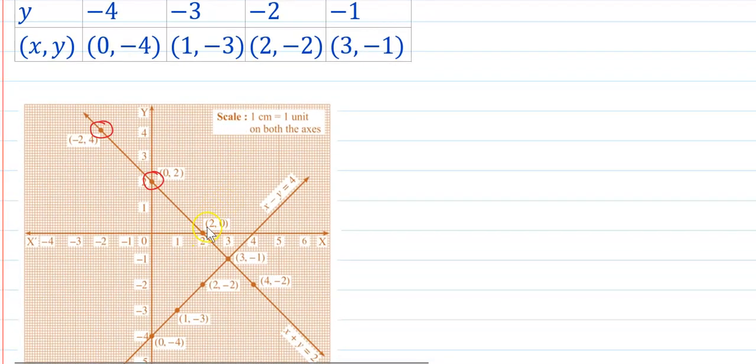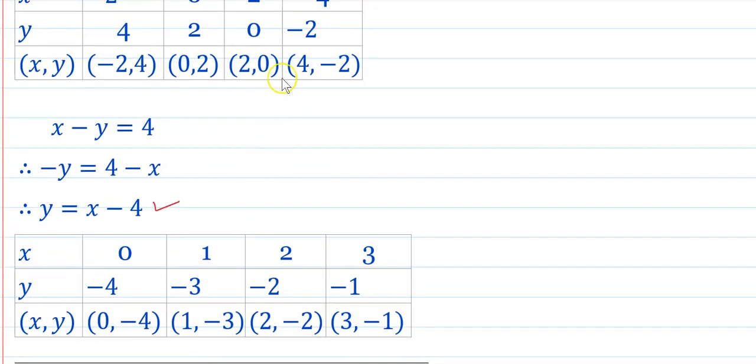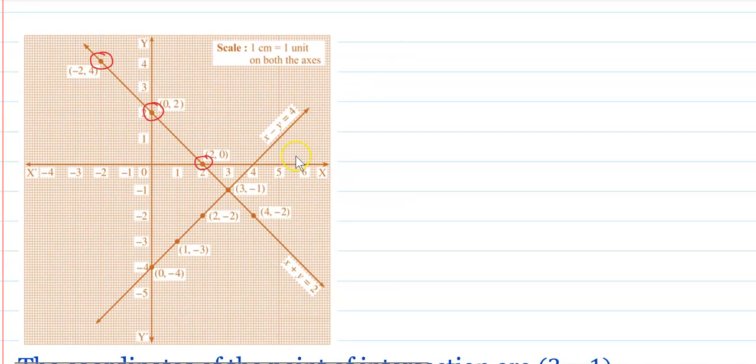It is on the x-axis. Next, 4, minus 2. X is 4 and y is minus 2. Join all these points, and this is the line of the equation x plus y is equal to 2.